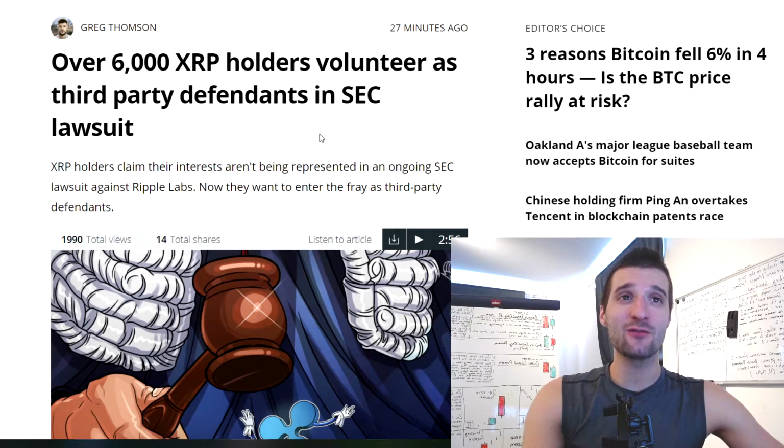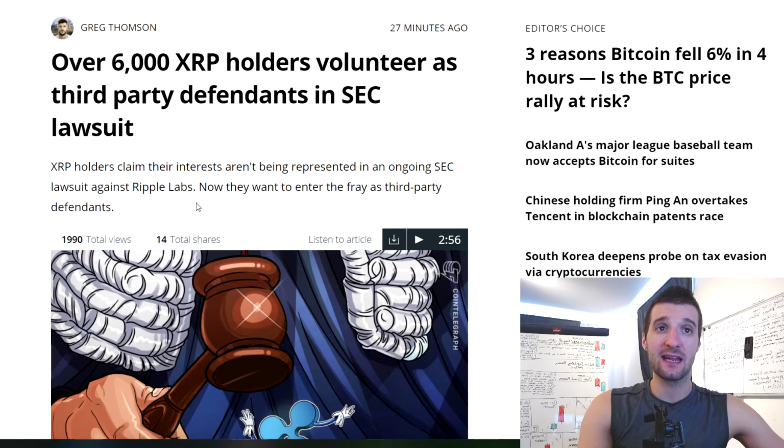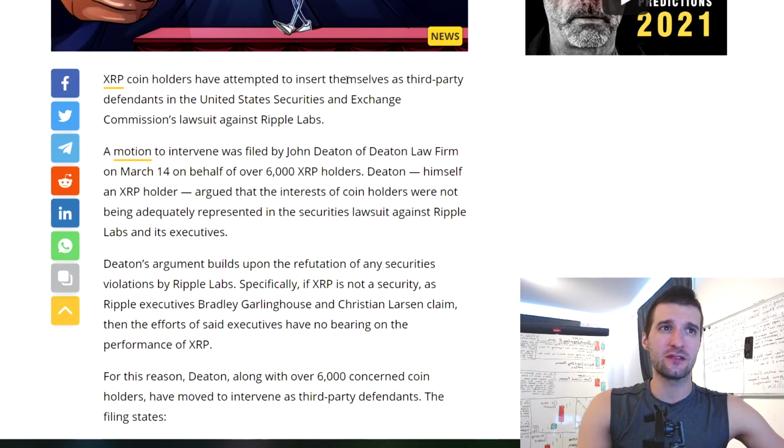Over 6,000 XRP holders volunteer as third-party defendants in SEC lawsuit. Interesting. XRP holders claim their interests aren't being represented in an ongoing SEC lawsuit against Ripple Labs, and now they want to enter the fray as third-party defendants. So they attempted to insert themselves, and the motion to intervene was filed by John Dayton of Dayton Law Firm on March 14 on behalf of over 6,000 XRP holders.